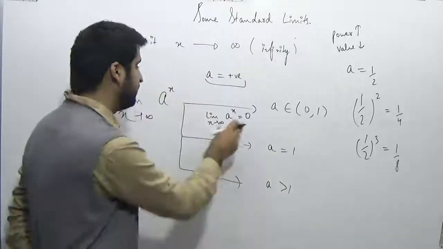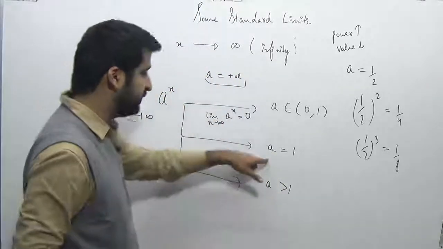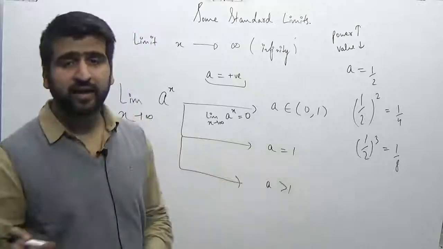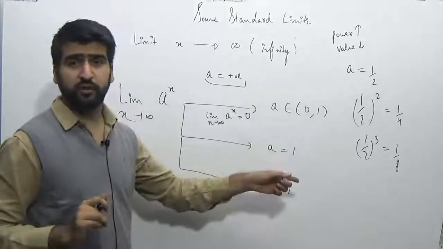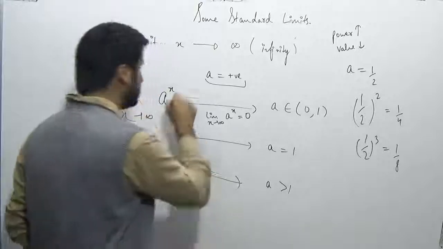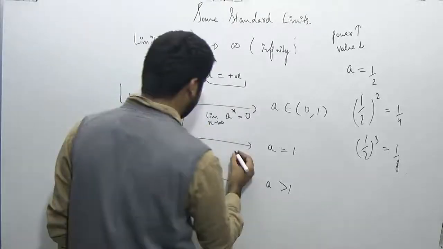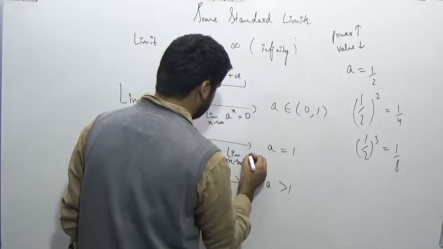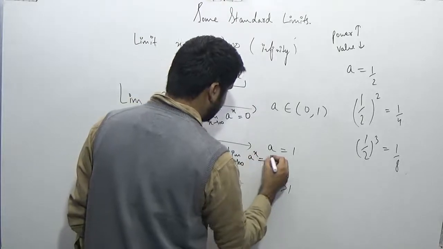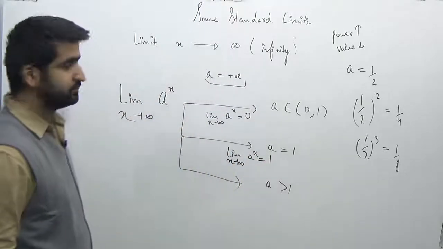So this is very important. So let's see when the value of a is 1. We know that any natural number power of 1 always gives us 1. So 1 to the power infinity will be equal to 1 only. So limit x tends to infinity, a to the power x in this case is 1 only.